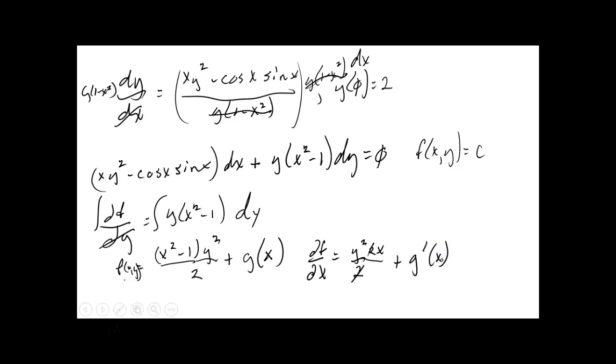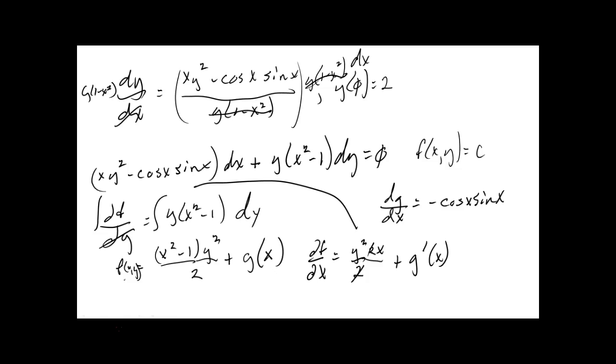Okay, now, if you look here, that's what this is supposed to be, partial of f with respect to x. Well, there's your xy squared right there. So this would indicate that dg dx is equal to minus cosine x sine x. Okay?